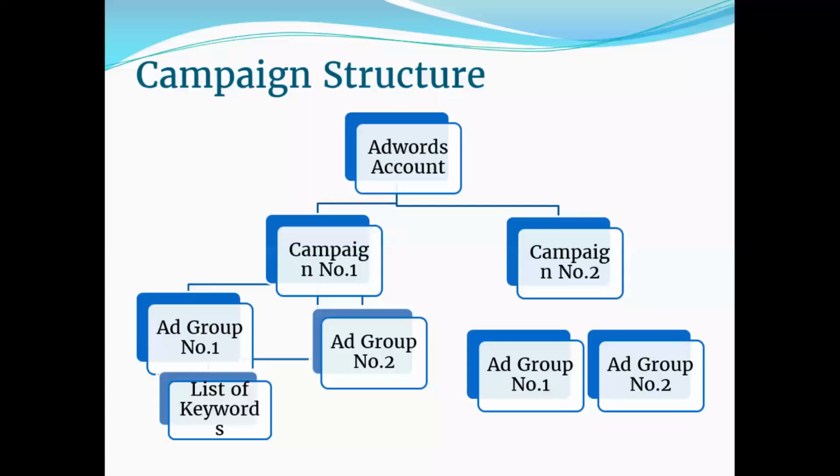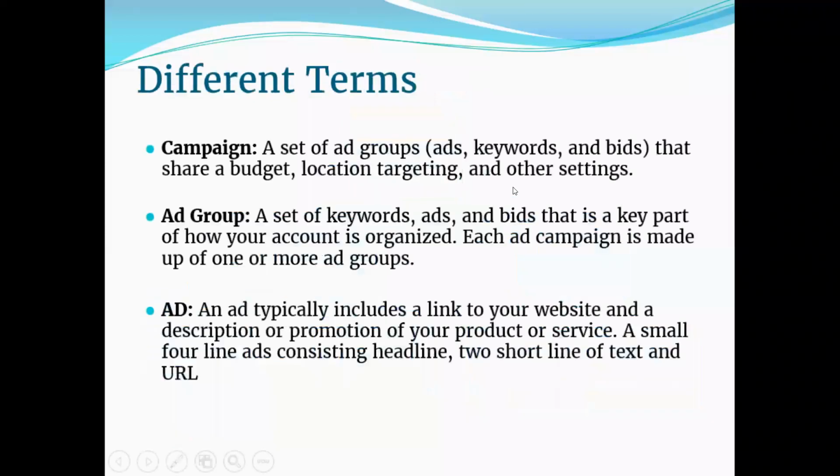AdWords structure. So here, this is a campaign structure. Now, I take one example on campaign structure. What is my campaign? A set of programs, ad groups and keywords. You can create a number of campaigns using one AdWords account. And an ad group is a set of keywords. Simple. IBM is my campaign.